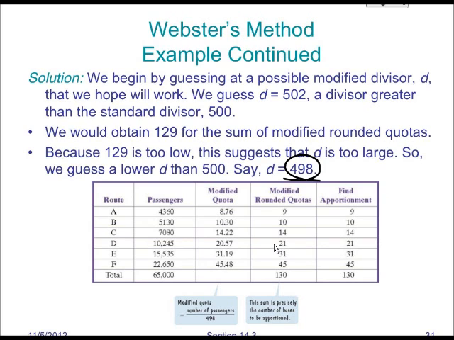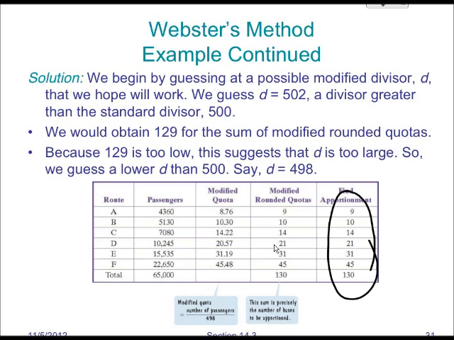Standard rounding now. So 8.76 would get rounded up to 9, but 10.30 would get rounded down to 10. 0.57 gets rounded up, 0.48 gets rounded down. Add them up, we get 130 buses.